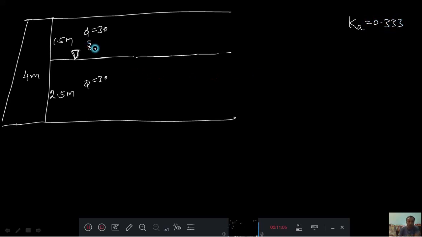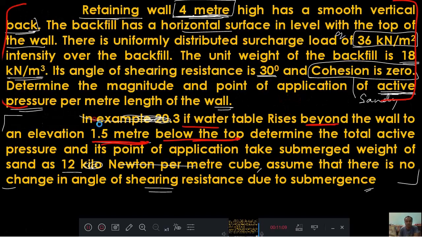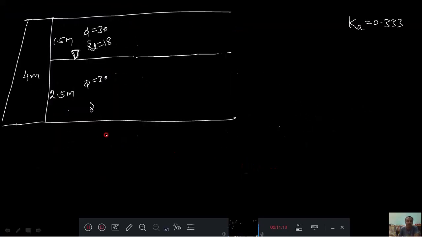Gamma here is given as 18, and this side it is given 12 kilonewton per meter cube. What is that? Submerged unit weight, gamma dash is given directly. Gamma dash is 12 kilonewton per meter cube. Now I will make a reference point A, and this time I also have to mark B, and this is C. You already know that this will be our reference line.